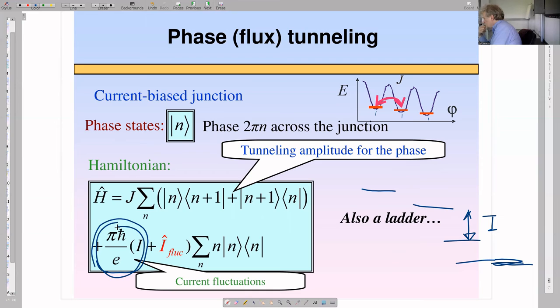If there is an environment, this produces quantum fluctuations of this current, which I included here. So there are fluctuations of the ladder spacing. In addition, I include tunneling. So there's a possibility to jump between different wells in this washboard potential. Fine.